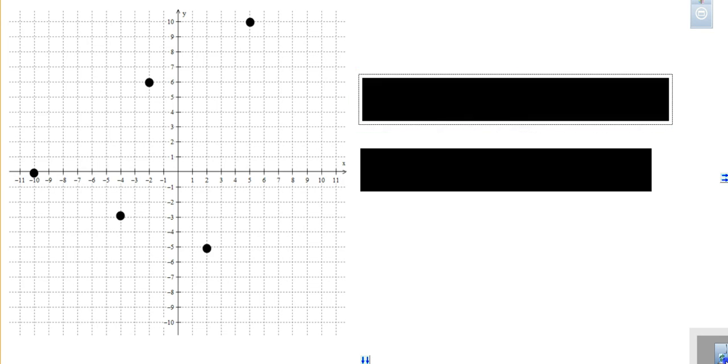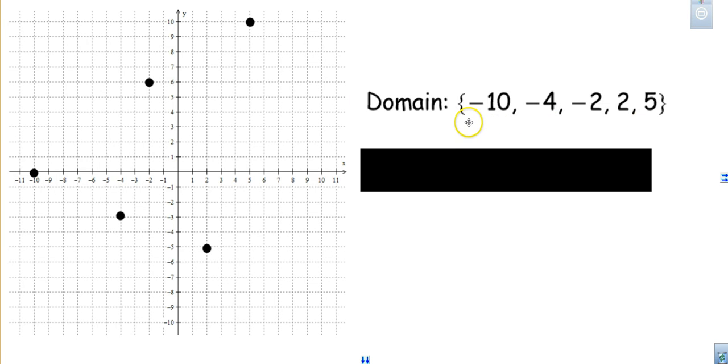So for the domain, and try to have this going from least to greatest, x equals -10, x equals -4, x equals -2, x equals 2, and x equals 5. So I have those numbers there for the domain separated by commas.